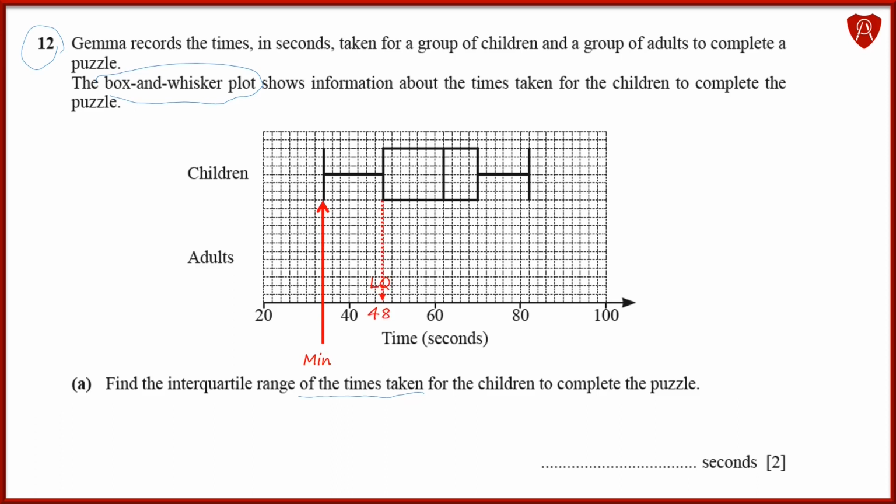Here we have the lower quartile, here we have the median, then the upper quartile, and then the maximum value. Interquartile range is equal to upper quartile minus lower quartile, which is 70 minus 48. That should give us 22 seconds.